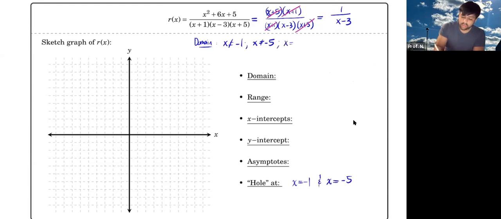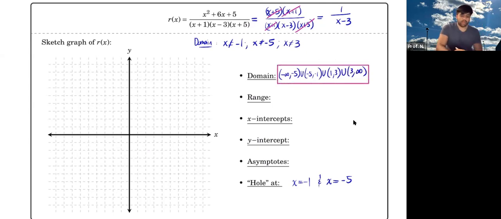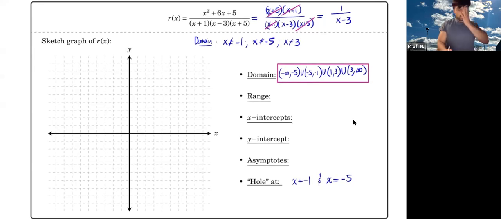So we actually gonna have this kind of domain: -infinity to -5, union -5 to -1, union -1 to 3, union 3 to infinity. So that's my domain. So the holes do not occur at 3. What I have at 3 is an asymptote. So I have a vertical asymptote at x equals 3. So what is x equals 3? Right here.